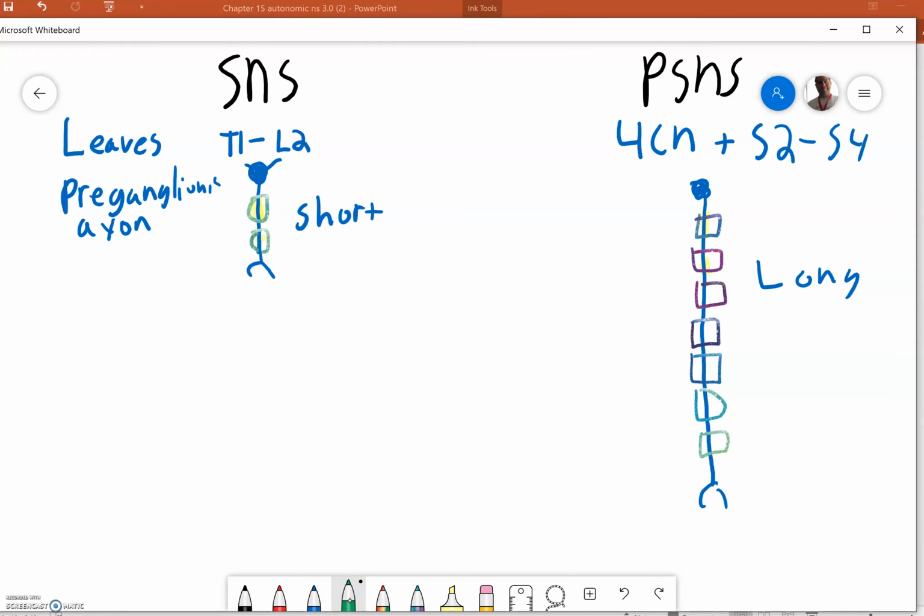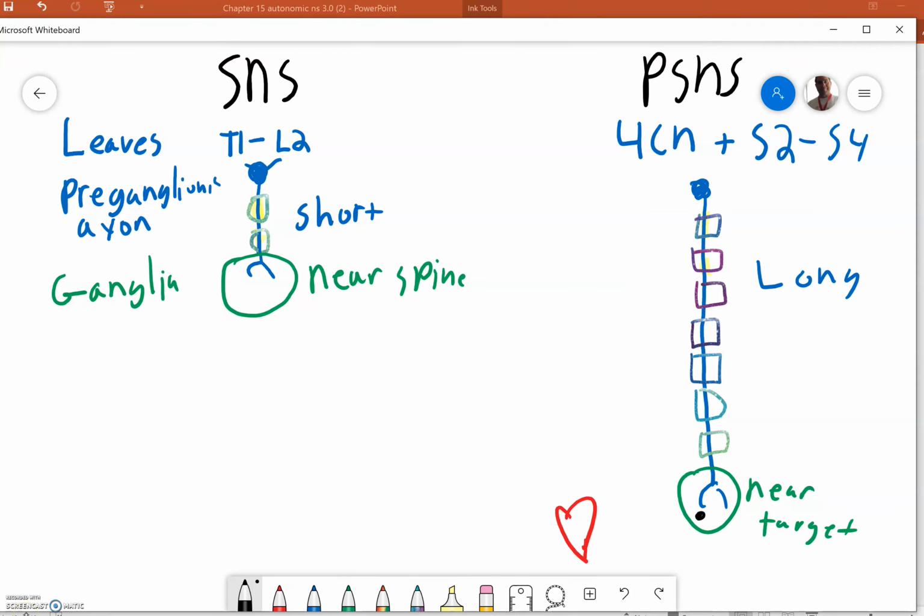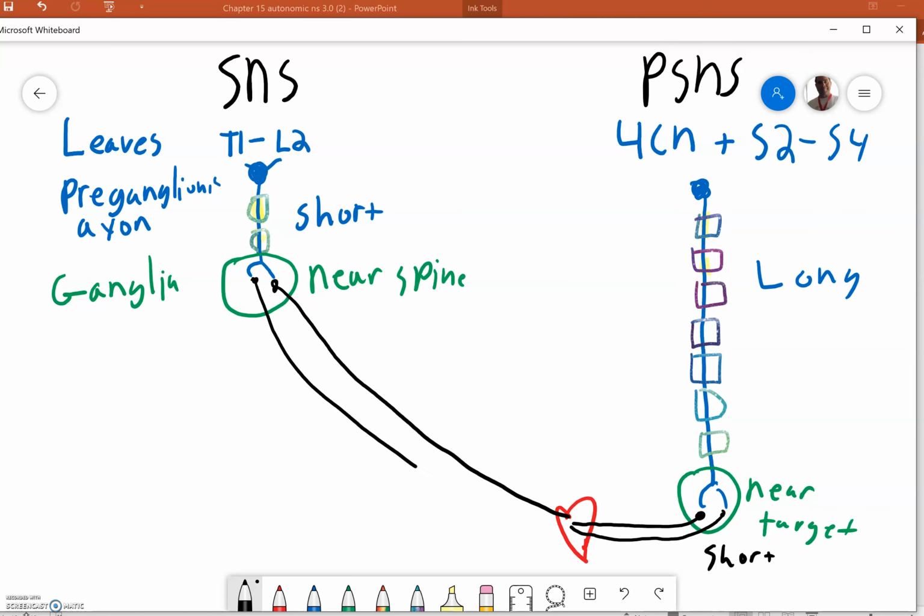So, the ganglia is near the spine, and the ganglia is near the target organ. Because the ganglia is near the target organ, the postganglionic axons of the parasympathetic nervous system are short. Whereas, because this is near the spine, the postganglionic axons are very, very long.